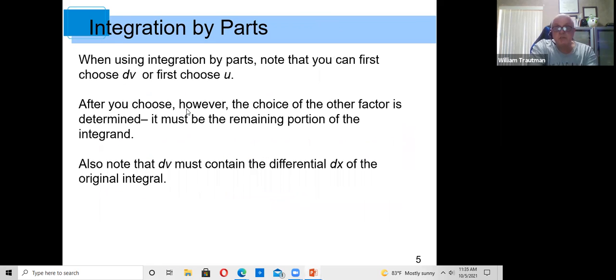It says using integration by parts, note that you can first choose dv or you can first choose u. It doesn't matter which one you choose first. dv must contain dx. So when you do dv, it must contain dx.